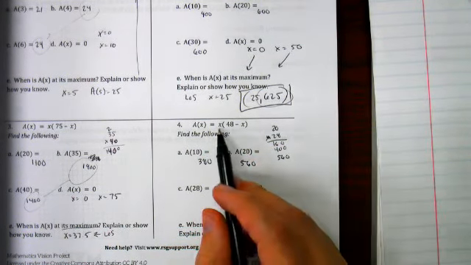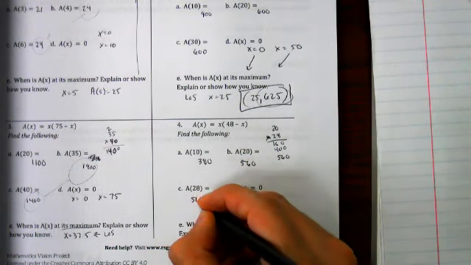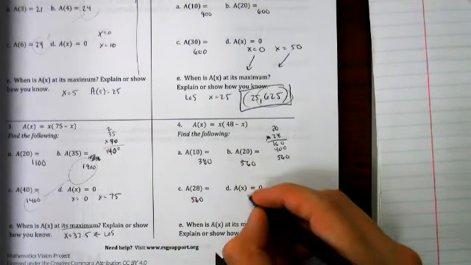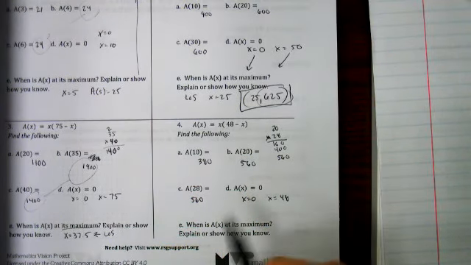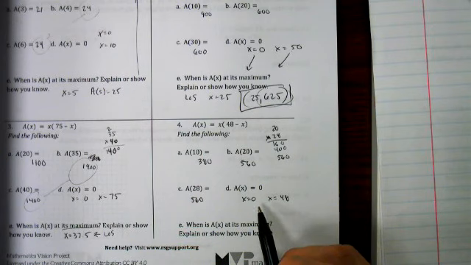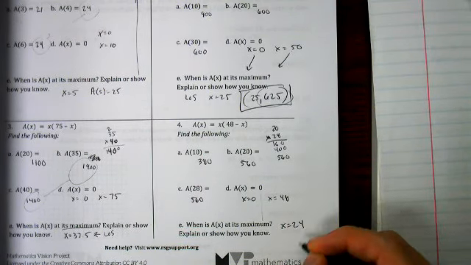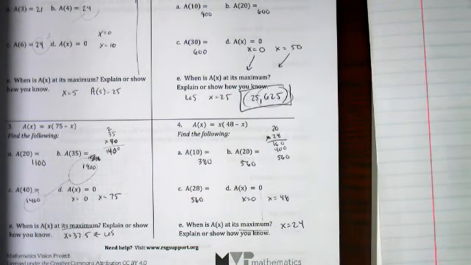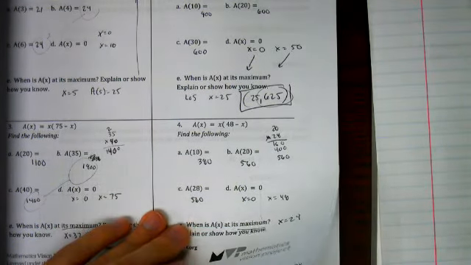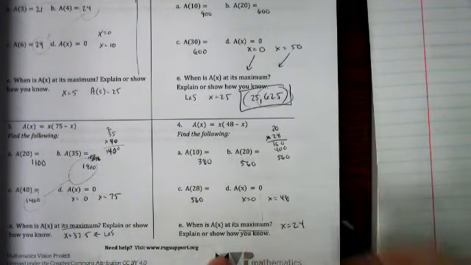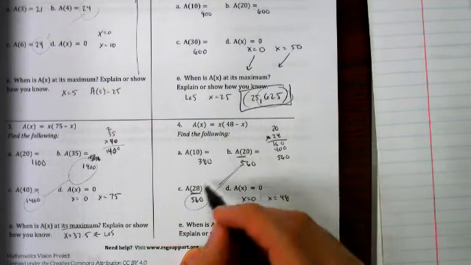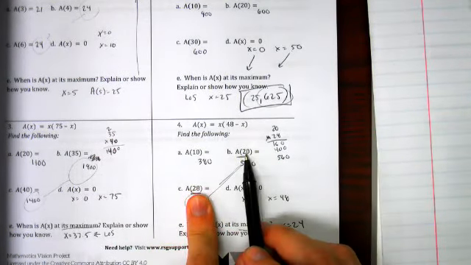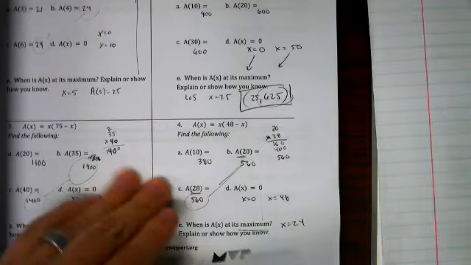If I plug in 28, I get 28 times 20, which is 560. It'll equal 0 when x is 0 and when x is 48. And exactly in the middle between those two is going to be the line of symmetry, which is 24. When x equals 24, it'll be at its maximum. You could also tell the line of symmetry because between 28 and 20, since these are the same, the line of symmetry is exactly between 28 and 20, which again is 24.